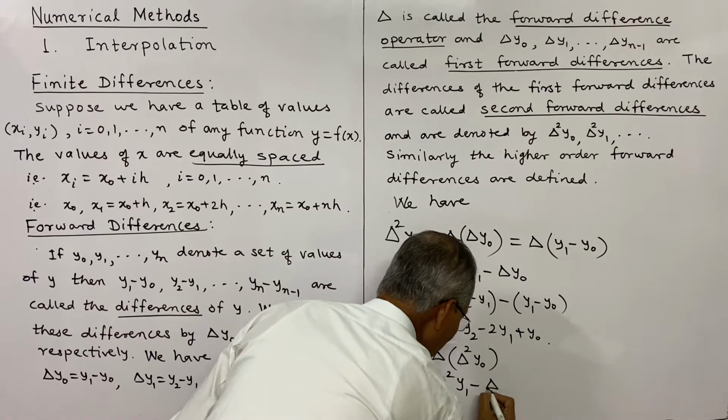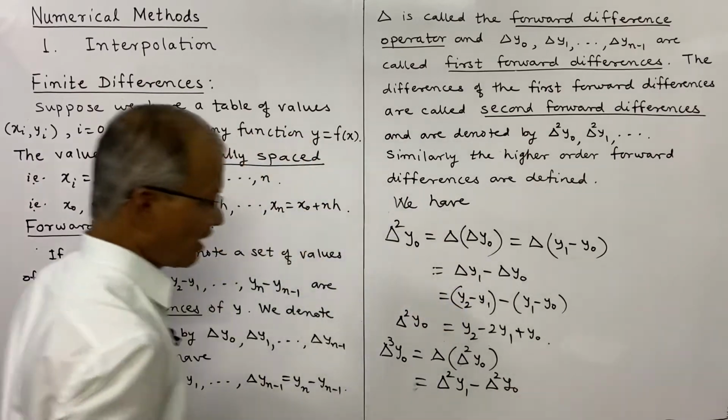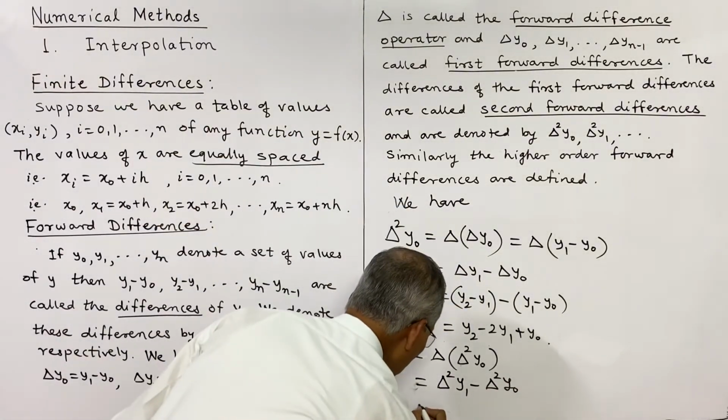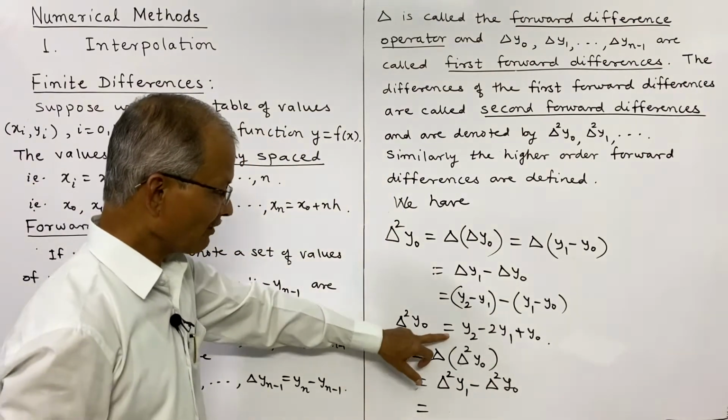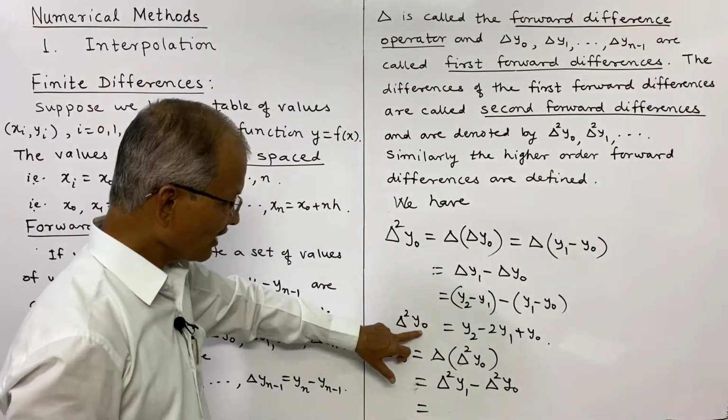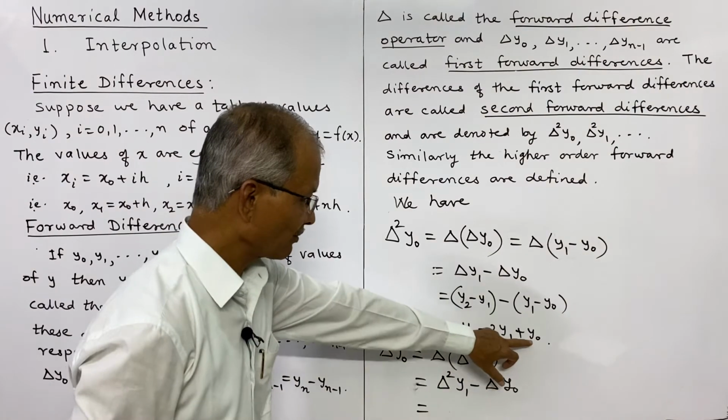Δ²y1 can be written from this. Δ²y0 is y2 minus 2y1 plus y0.